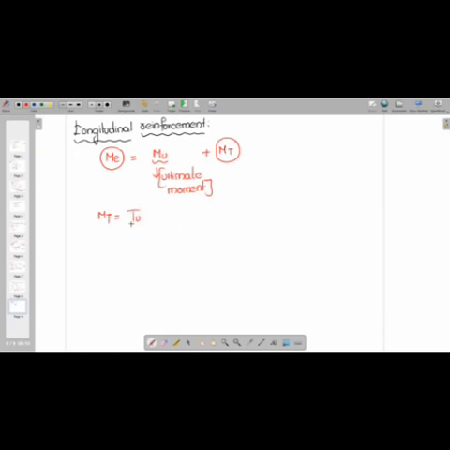If Tu is the torsional moment, then Mt is equal to Tu into (1 plus D by b) upon 1.7. Here capital D is important. D is not the effective depth, D is the overall depth.